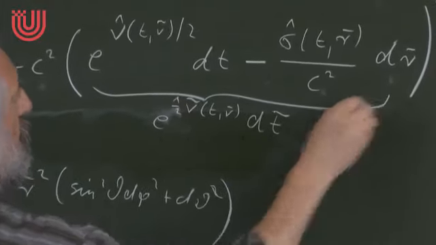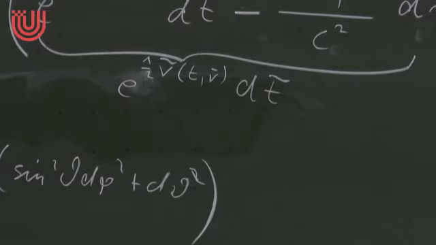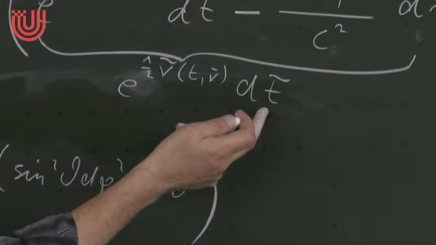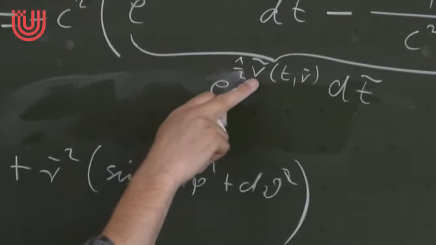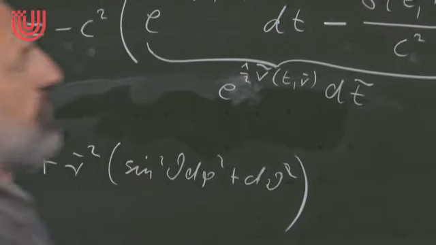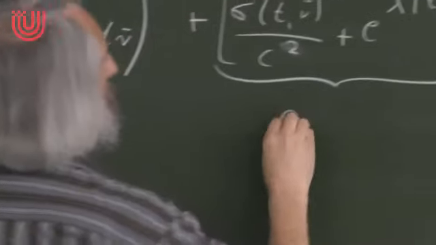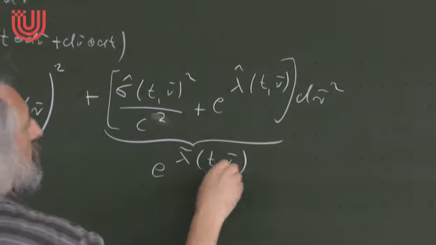So what's inside the bracket? Let's abbreviate this in this way. So we can introduce a new coordinate t tilde with an appropriate integrating factor nu tilde, such that this equation holds. And this, of course, I would call e to the lambda tilde of t and r tilde.